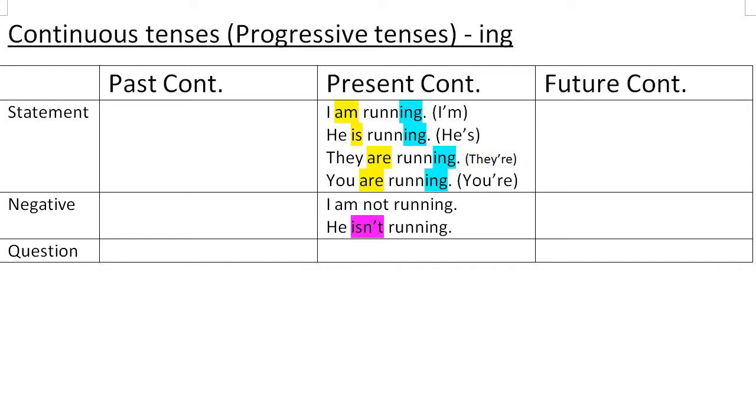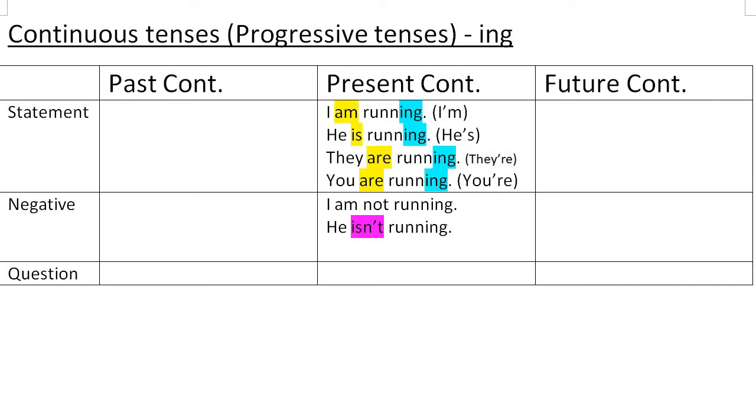Okay, but the ing stays there. All right, and this one of course can go I'm not running, but you cannot put the am and the not together. Okay, so that's a negative, right? And they are not, or they aren't running. All right, so that is the continuous negative, right?